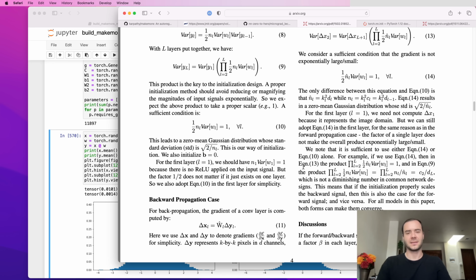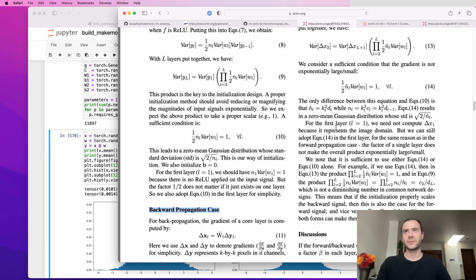Now, in addition to that, this paper also studies not just the behavior of the activations in the forward pass of the neural net, but it also studies the backpropagation. And we have to make sure that the gradients also are well behaved, because ultimately they end up updating our parameters.